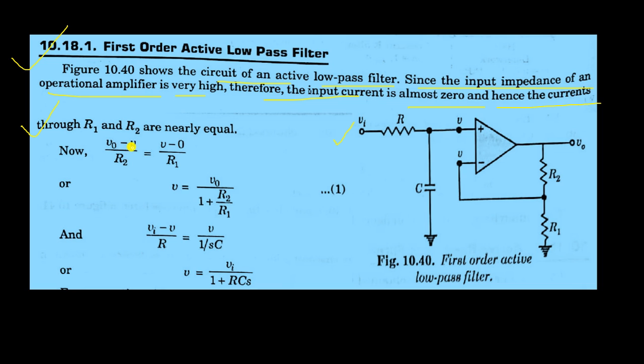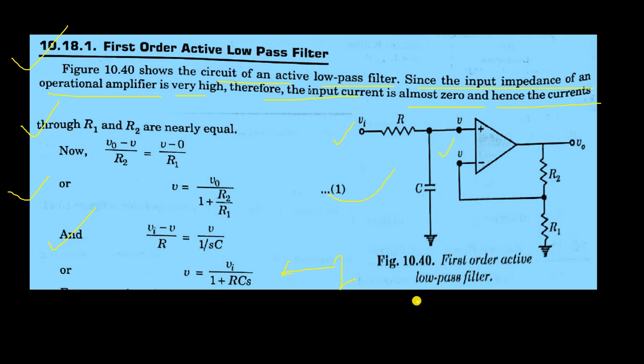(V0 - V)/R2 = (V - 0)/R1, or V = V0/(1 + R2/R1). This is equation number 1. And (Vi - V)/R = V/(1/SC), or V = Vi/(1 + RCS). This is equation number 2.